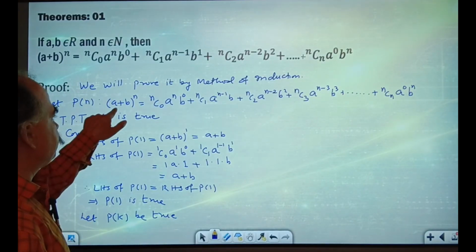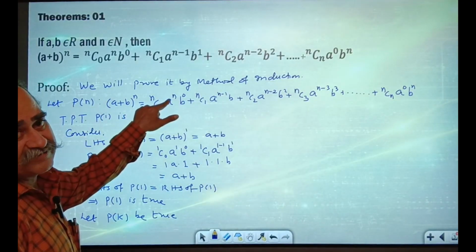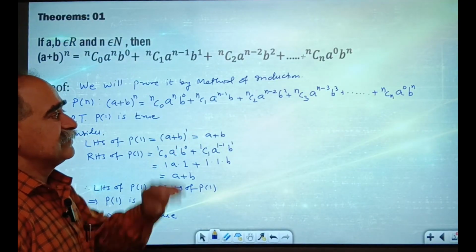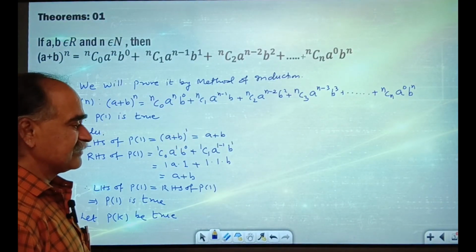Pk be true means what? (a plus b) raised to k is what? kC0 a raised to k, b raised to 0, like that, kCk a raised to 0, b raised to k.